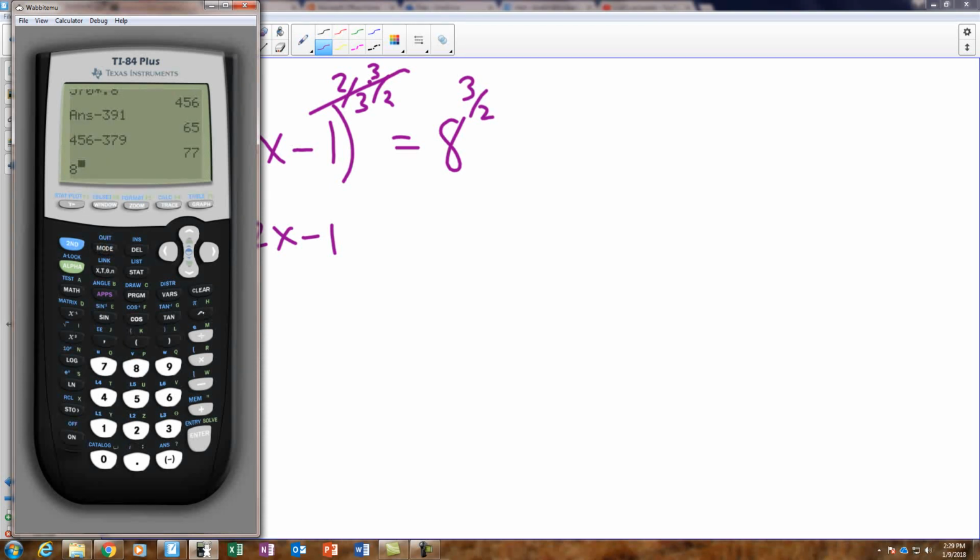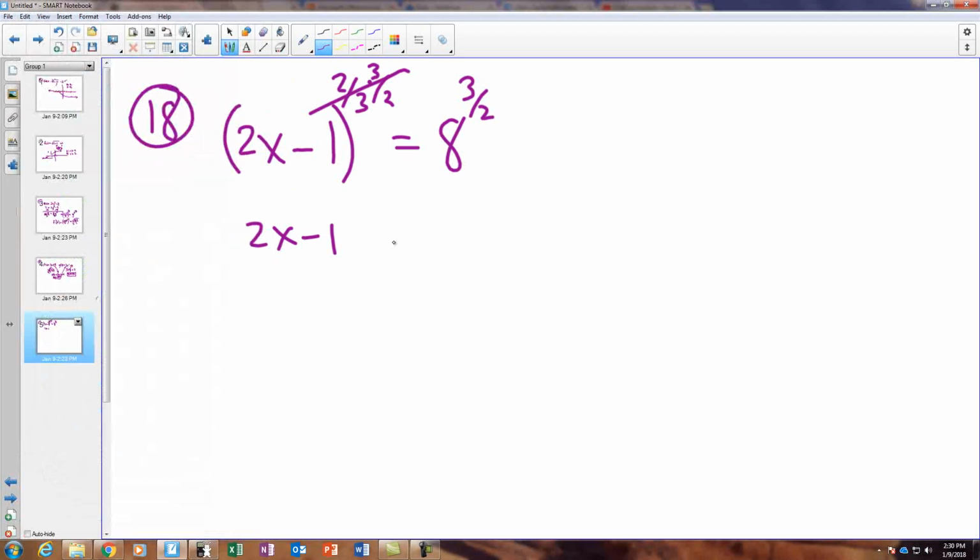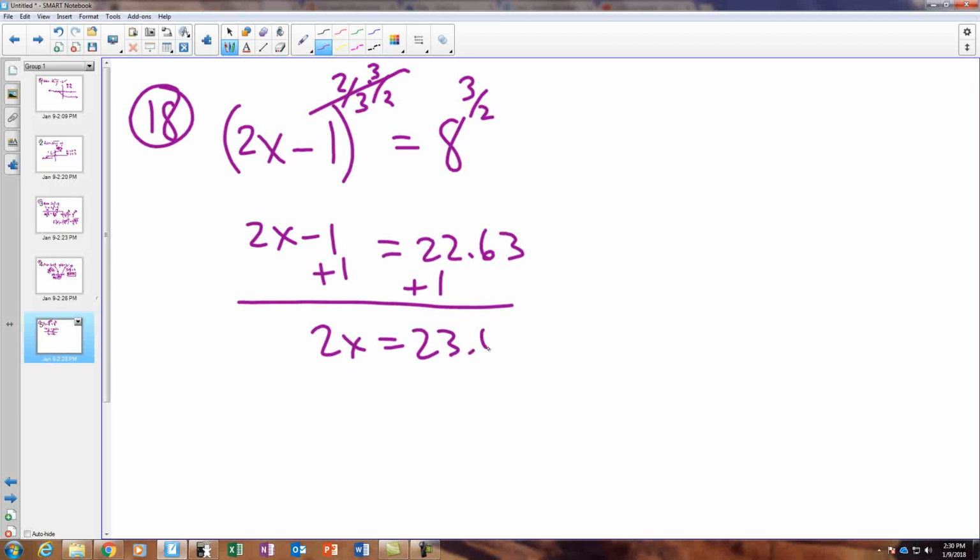8 raised to the 3 over 2 comes out to 22.63. It's a decimal. Oh well. And it should be pretty easy to finish solving. I'm going to add 1. 2x equals 23.63.